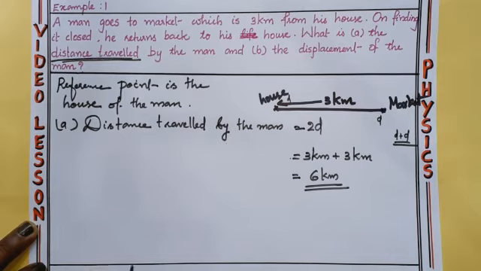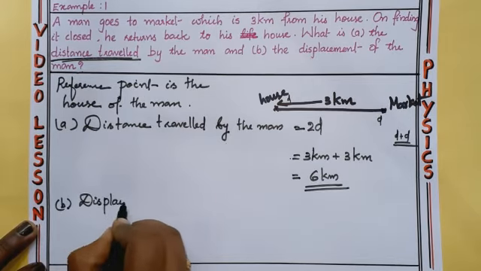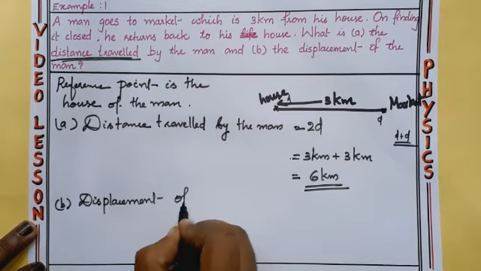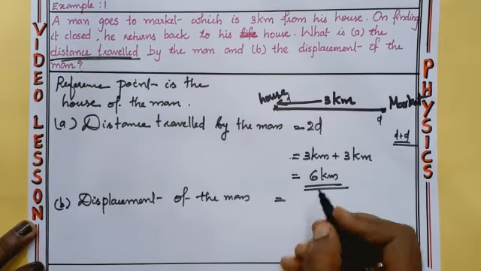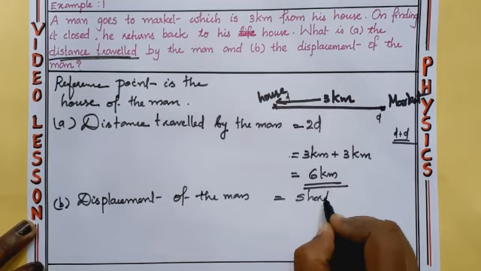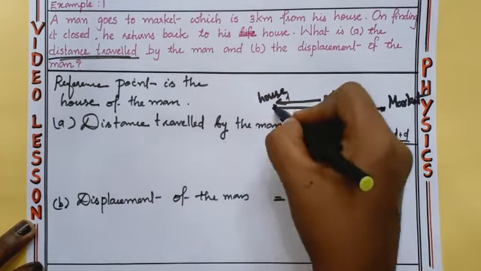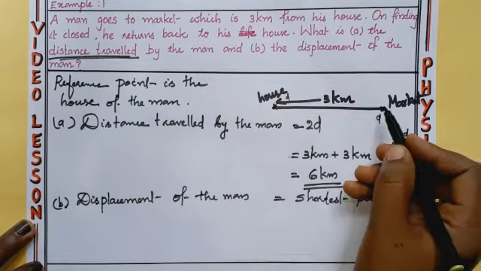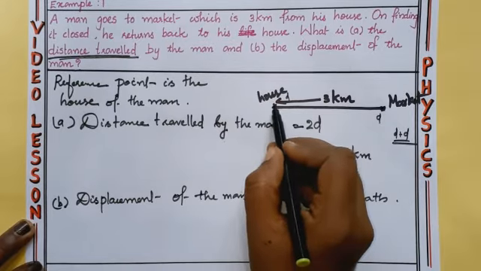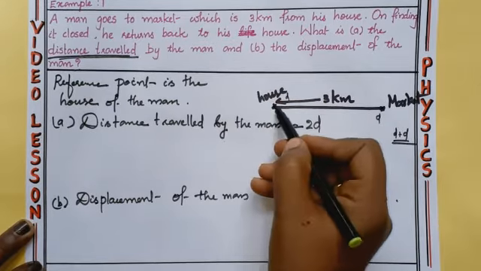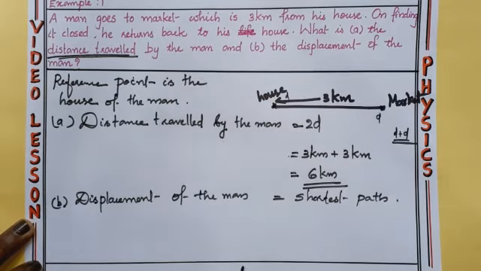Then the second is the displacement of the man. What is displacement? It is the shortest path. The initial point is the house, and the final point is also the house. From the starting point, the house, he finally reached back to the house. There is no shortest distance between them.